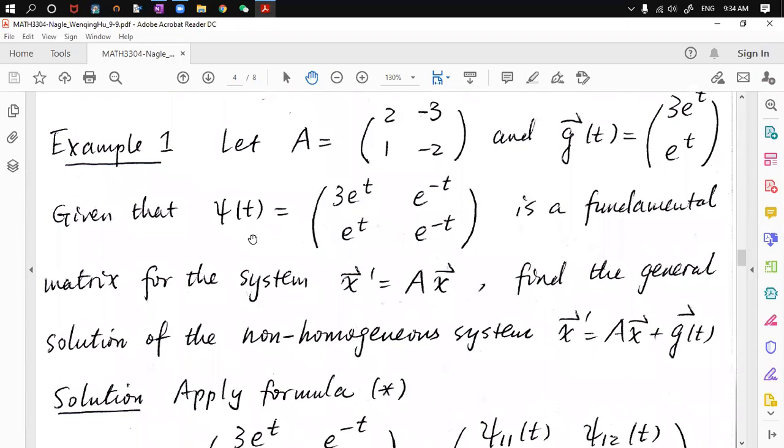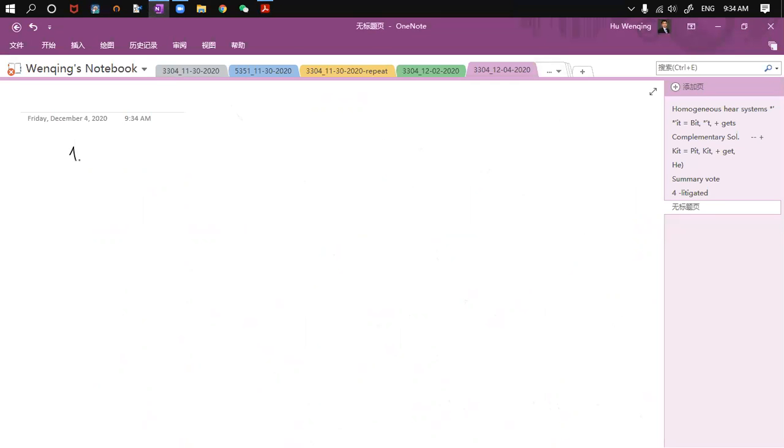So let's look at this example. A is the matrix with entries 2, minus 3, 1, and minus 2. g(t) is (3e^t, e^t), and the fundamental matrix is given for X' equal to AX. All this data is given. Can you find a general solution of the non-homogeneous system, X' equals AX plus g? This is just applying the formula.